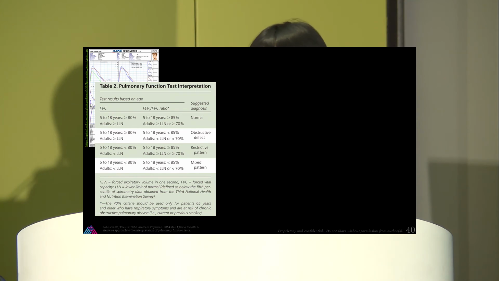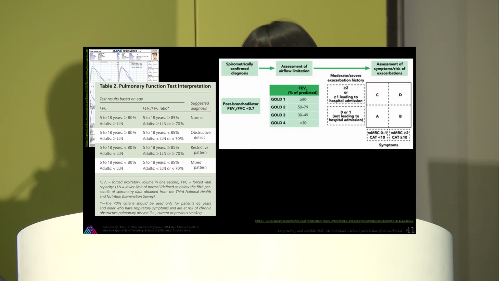But here's a graph to show you the patterns that they're looking for to diagnose obstructive, restrictive, or mixed lung disease. And that makes a difference because if you have COPD obstructive defects, they do treat you based on that number that you get from that PFT result. So this is a direct area that DDR can affect patient care with.